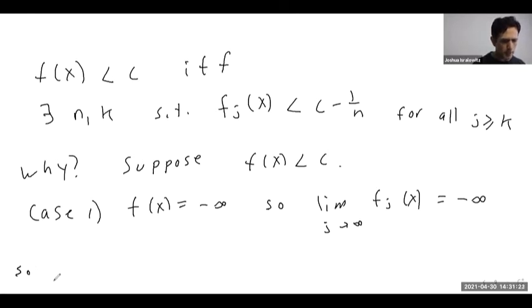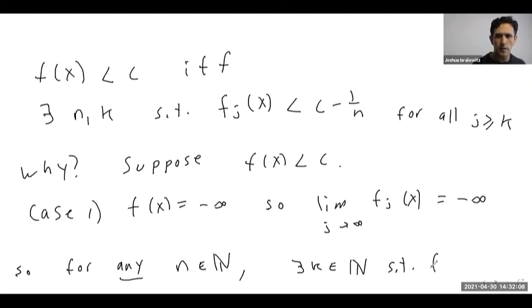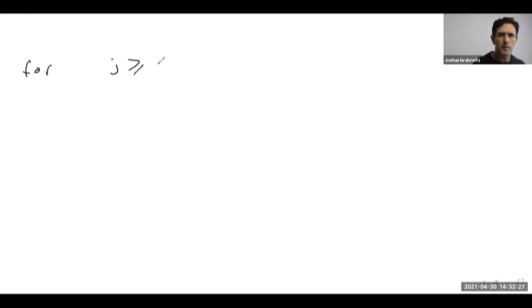So all you need to do is pick, right. So for any natural number n whatsoever, there exists k where fj of x is less than c minus 1 over n for j bigger or equal to k.